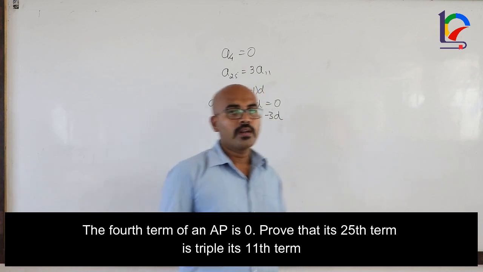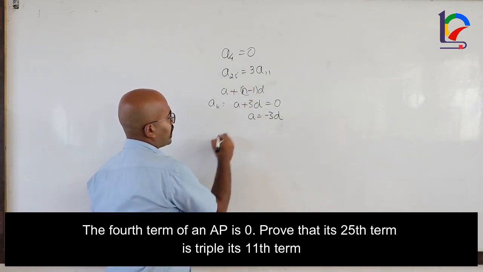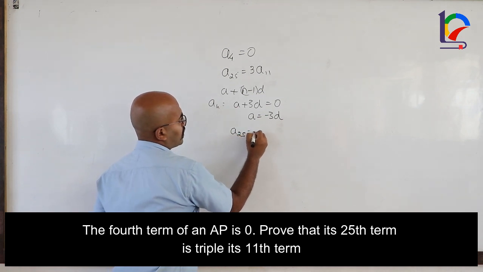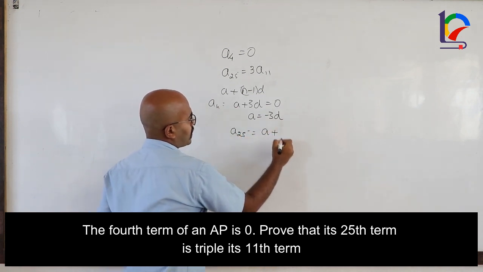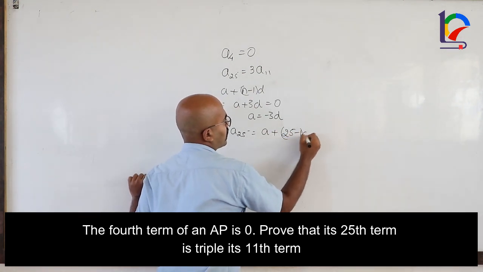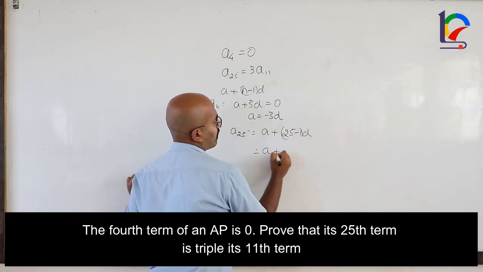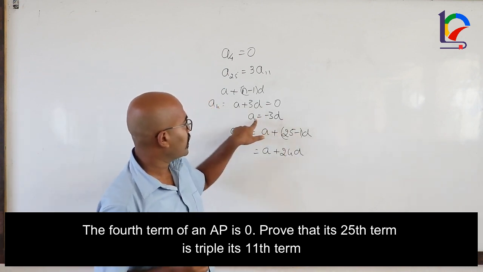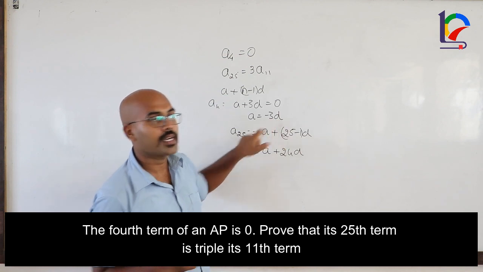So for the next, A25: A25 is A plus n minus 1, that is 25 minus 1 into D, that is A plus 24D.